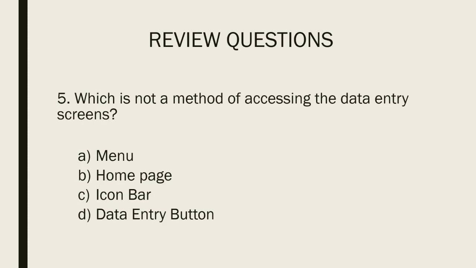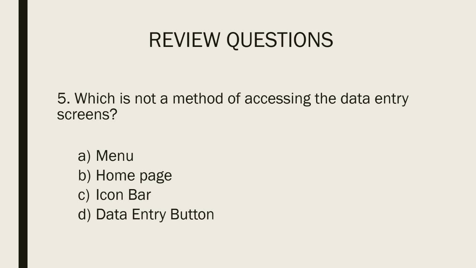All right, and then question number 5, which is not a method of accounting? Okay, is it A, menu? Is it B, homepage? Is it C, icon bar? Or D, data entry button? Okay, remember, the QuickBooks certification will ask you negative questions.